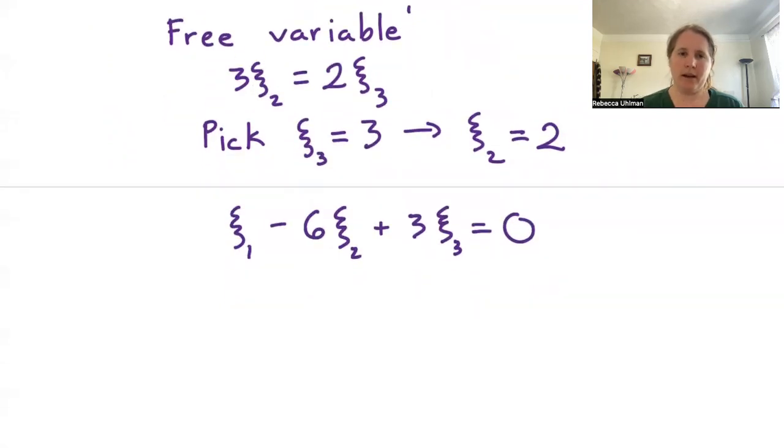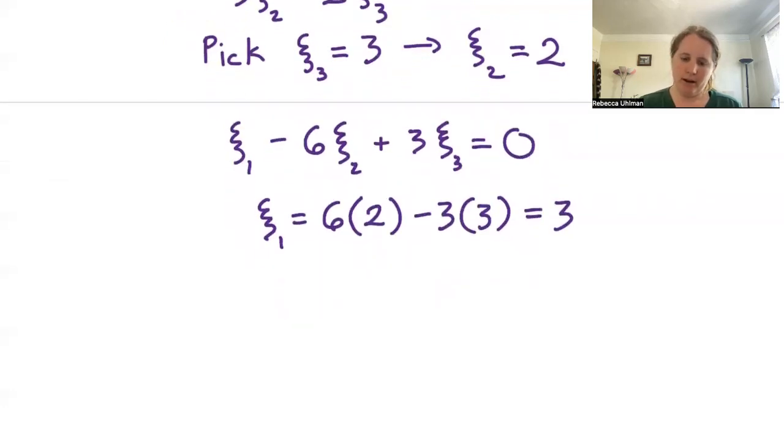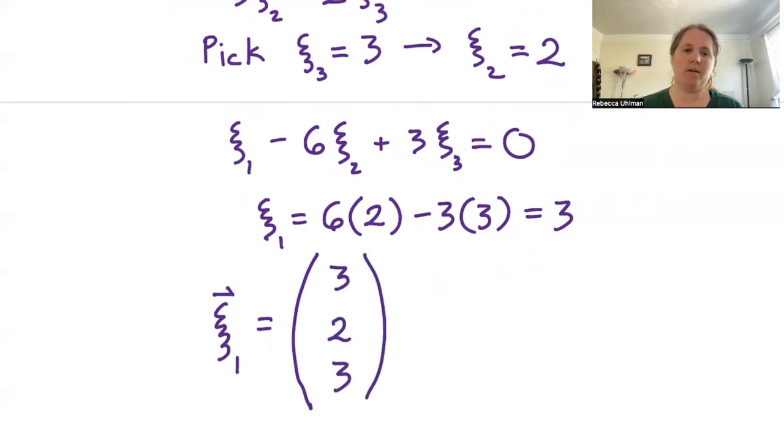So xi1 is equal to 6 times 2 minus 3 times 3, or in other words, xi1 is equal to 3. So we have for our eigenvector xi1 corresponding to lambda 1 equals 1 the vector 3, 2, 3.